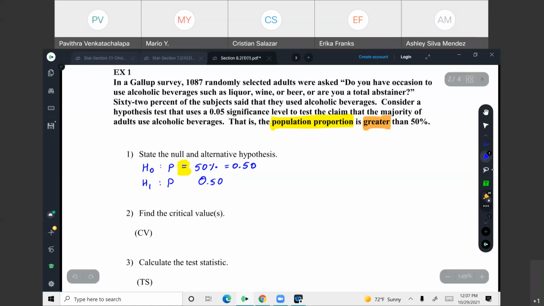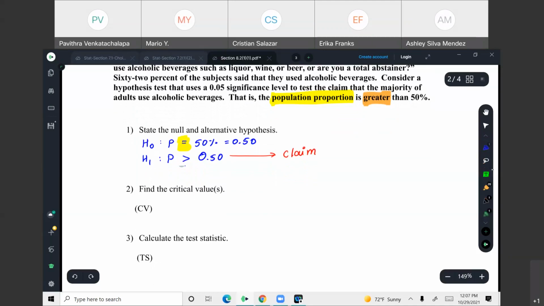That's the claim. So you will be saying greater than 0.50. Now, in the null hypothesis and alternative hypothesis, we know that the claim is greater than 50%. So we will denote a claim here. So I'm telling you that this is the claim according to the question. Okay. Now we are done with this.